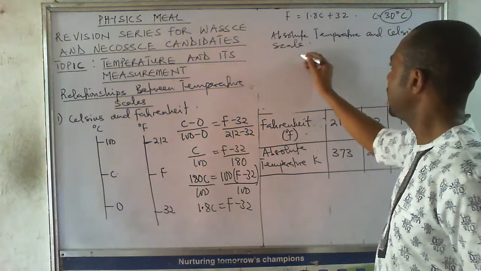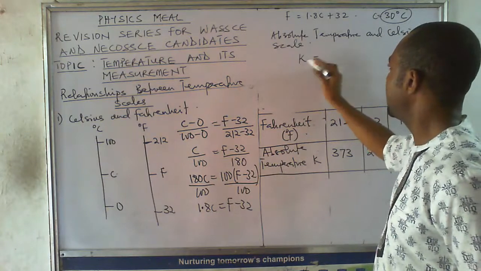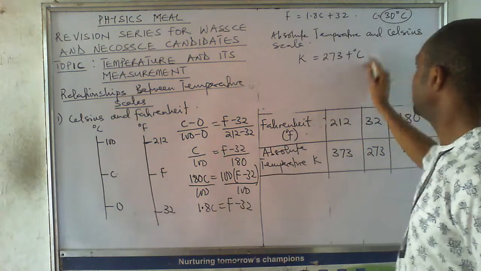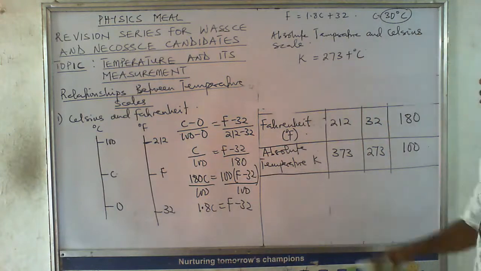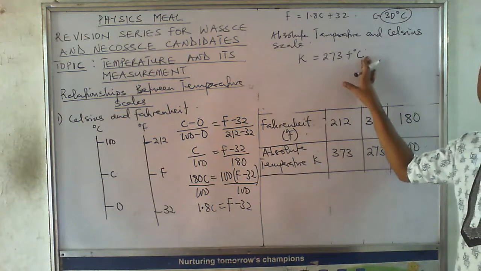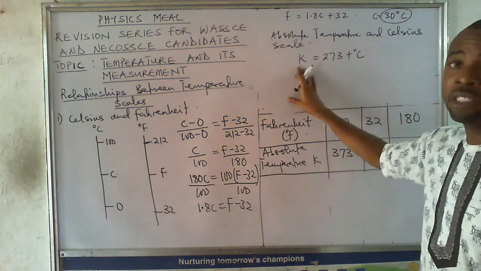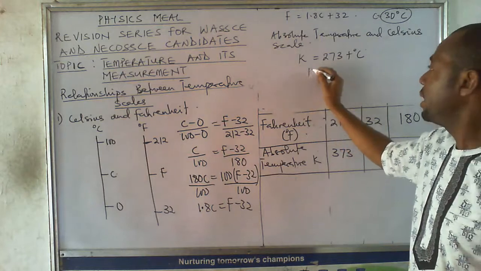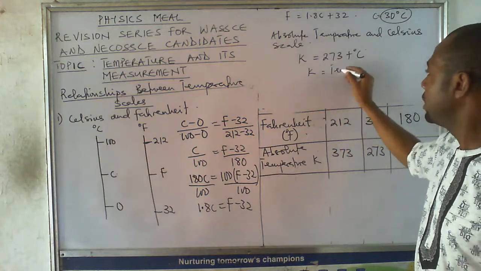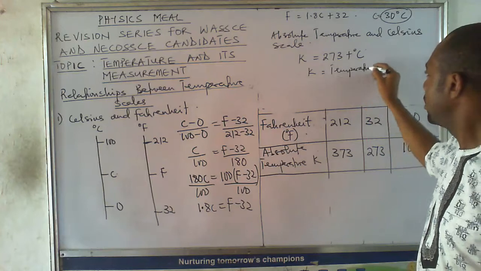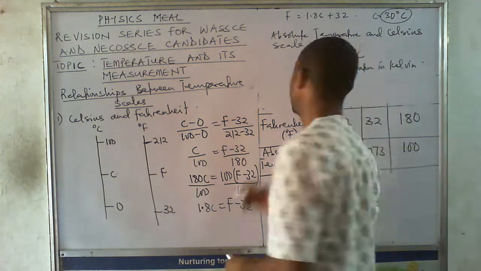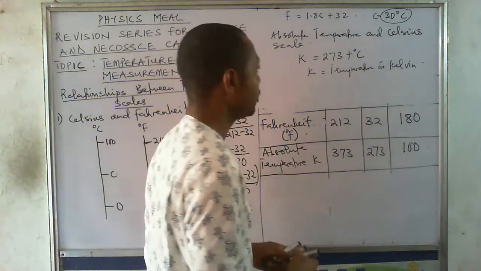We just quote that temperature in Kelvin, where K is in Kelvin, is 273 plus temperature in degrees Celsius. So when I add 273 and temperature in degrees Celsius, I will have temperature in Kelvin. Where K represents temperature in Kelvin, that's the absolute temperature, and this is the temperature in degrees Celsius.